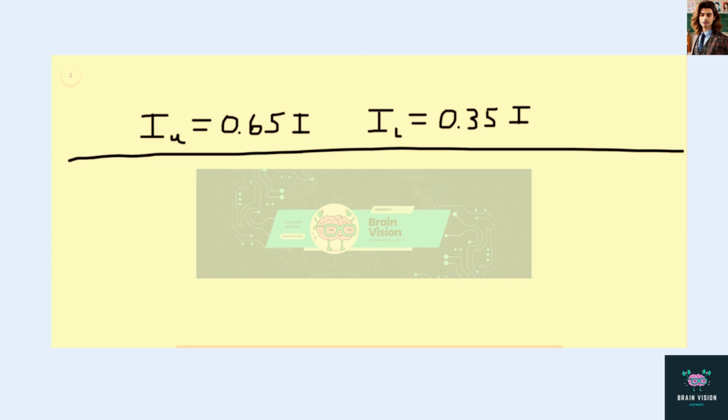Okay, so the magnetic field due to the upper half at the center of the ring is equal to half of the magnetic field at the center of the ring. So the upper part is half of the total magnetic field and the lower part is half of the total magnetic field.